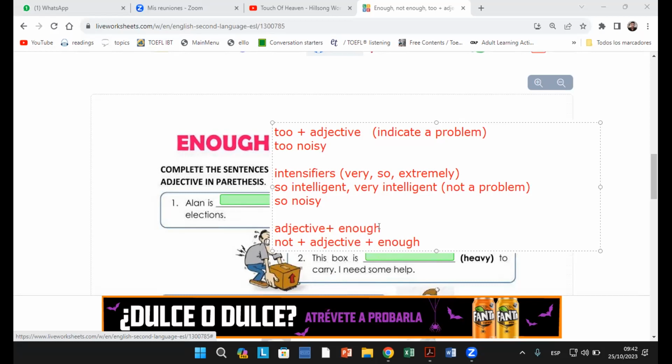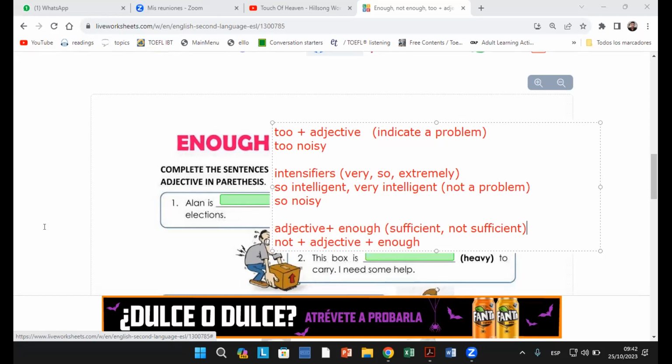What does it indicate? Sufficient or not sufficient. Okay? Everybody understand? Yes.